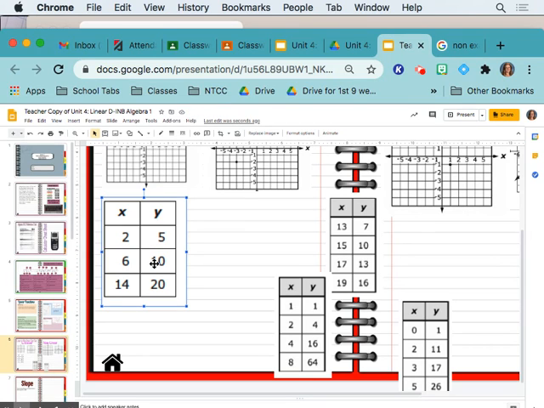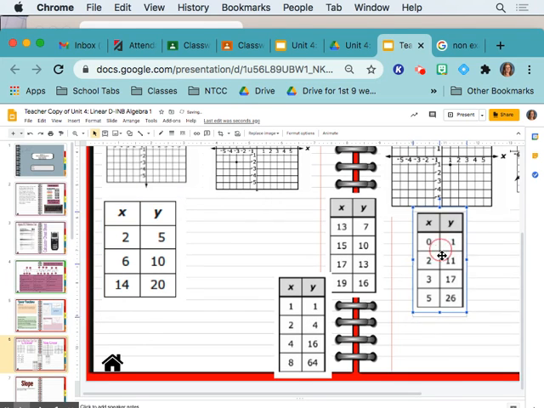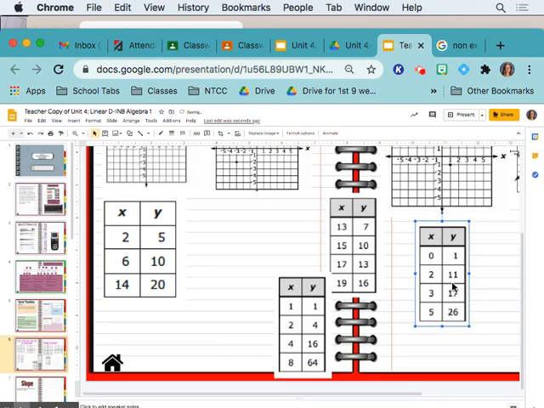We could also graph them. So let's do this next one. 0, 1, 2, 11, 3, 17, 5, 26. So going on the y side, going from 1 to 11, how much did that go up by? 10. And then from 11 to 17, how much did that go up by? 6. And then 17 to 26, what did that go up by? 9.